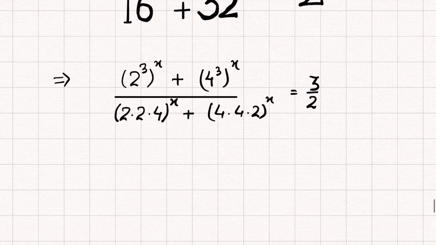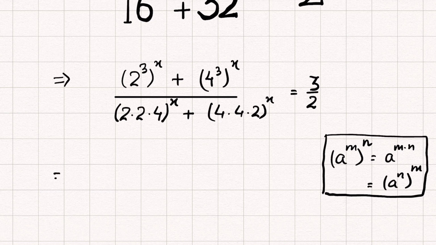Now we know when a raised to the power m and whole raised to the power n, then this we can write as a raised to the power m times n, or a raised to the power n then whole raised to the power m.